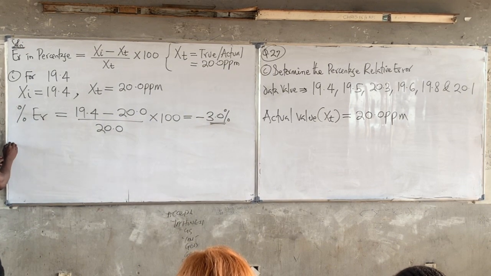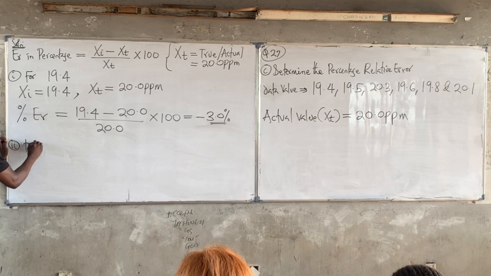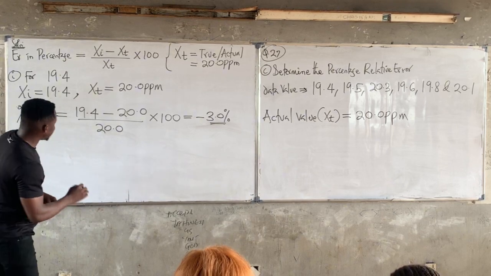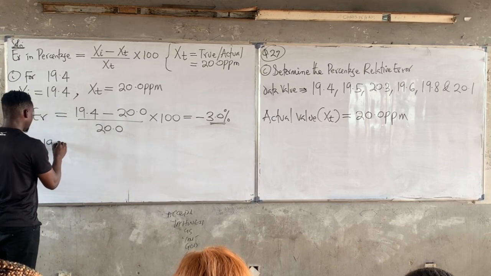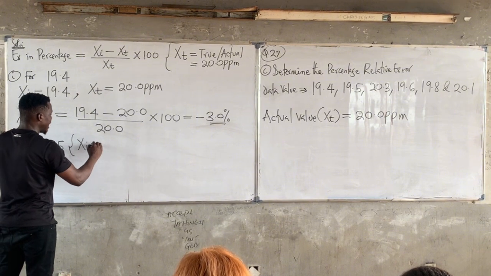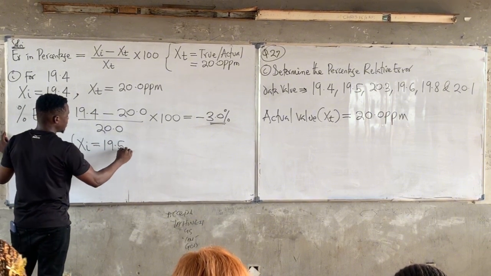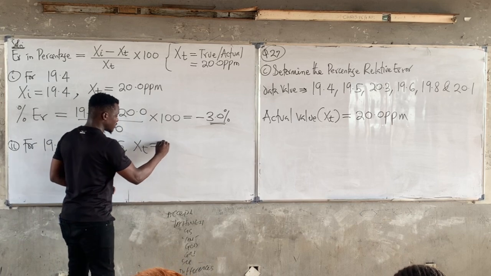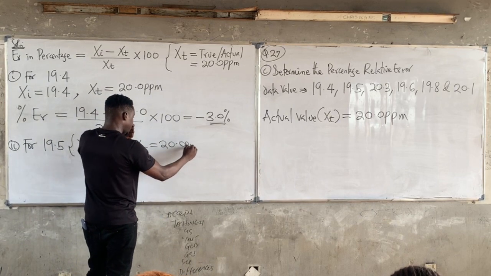Alright, that's for the first one. For the second one, we are still going to do the same thing, class. Our xi will be 19.5, and our xt is constant, which is 20 ppm.